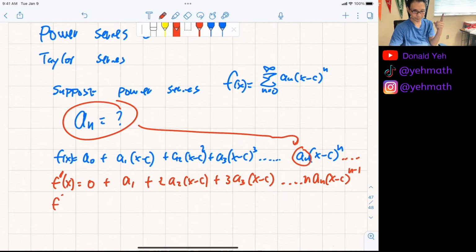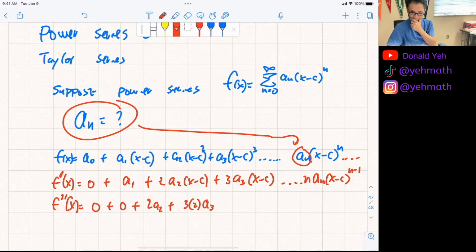Now that's only if I take one derivative. What happens if I take a second one? This is going to go to 0. This is going to go to 0. This is going to go to a2, right? Plus 3 times 2 times a3, this is x minus c to the first.